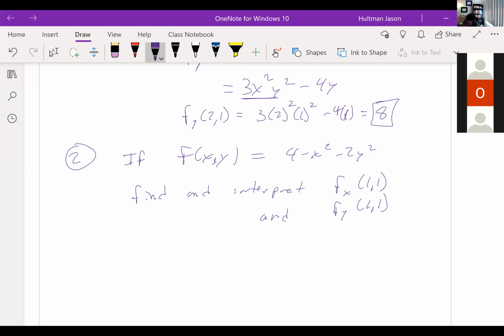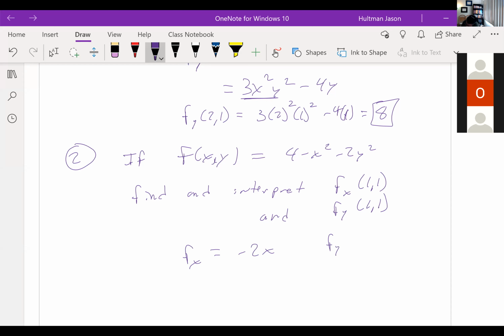Okay, so we have this function, and we want to find out what's happening at this point for x and y. So let's think about intuitively what's happening here. So let's find the derivative. So f sub x is going to be equal to negative 2x.